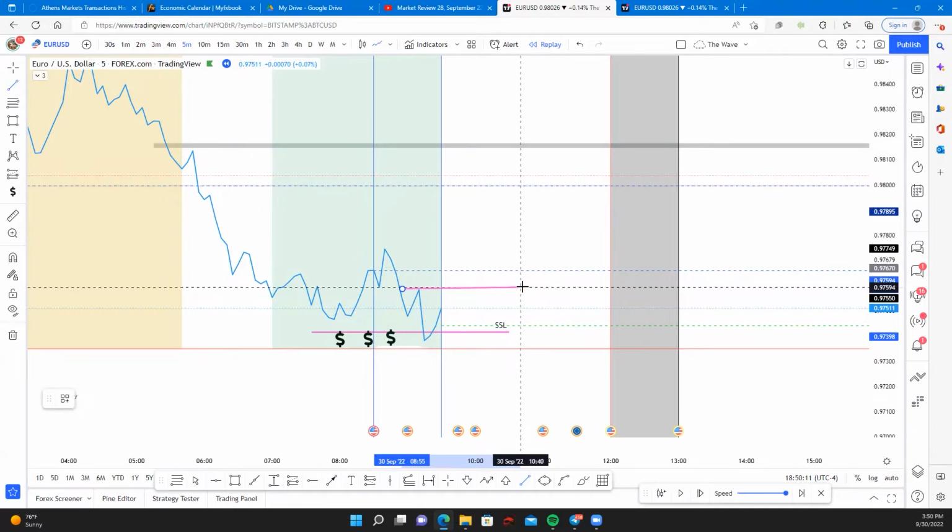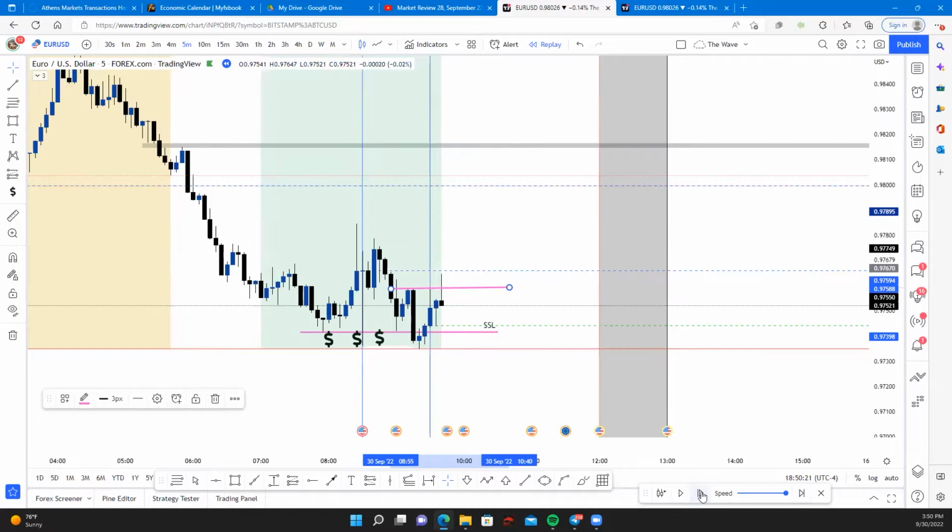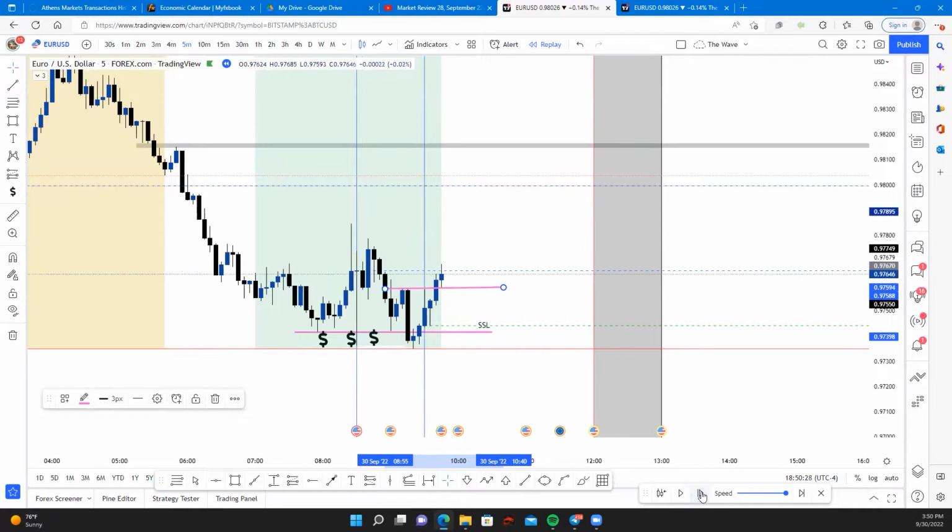So we mark that as our structure waiting to be broken. As we play price forward, it starts being broken there. Now we're waiting for a displacement or a big push up to create a fair value gap.